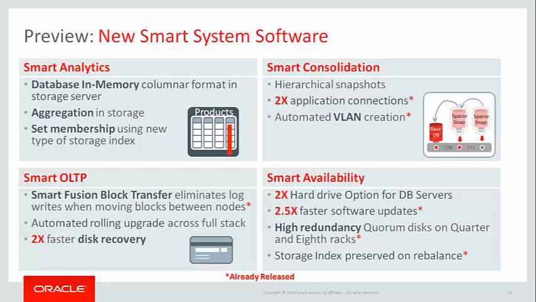We are also continuing to improve the number of applications that can connect per database node. So with the latest changes, two times more applications can now be connected to a particular database node. We also have automated VLAN creation.